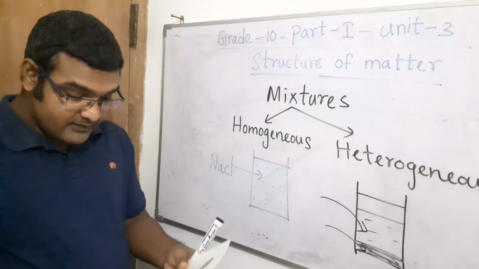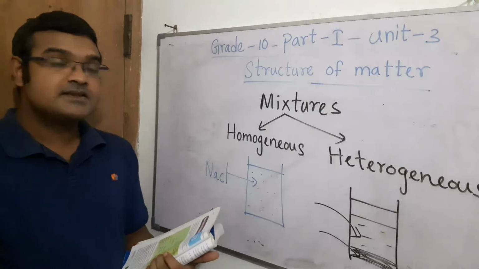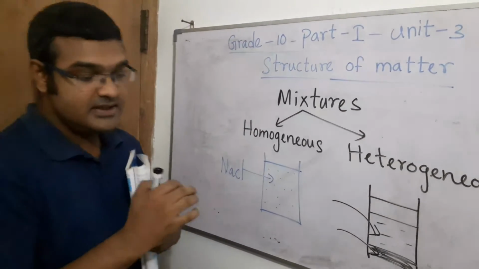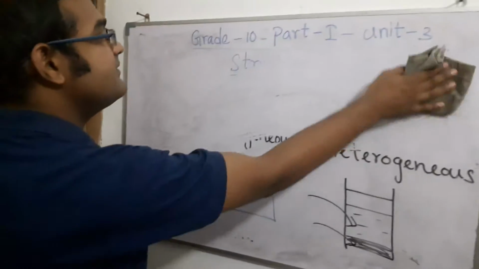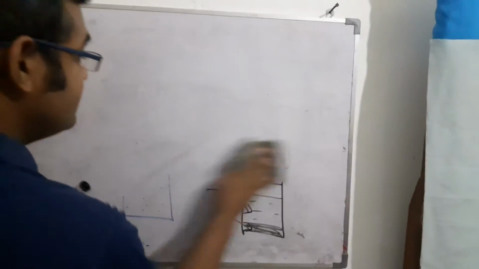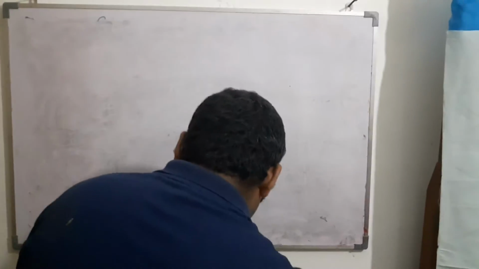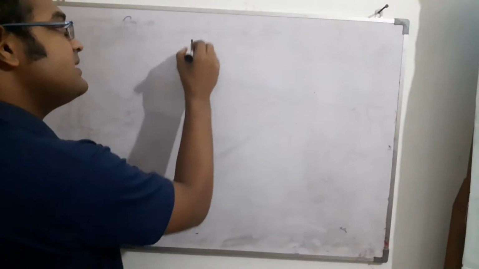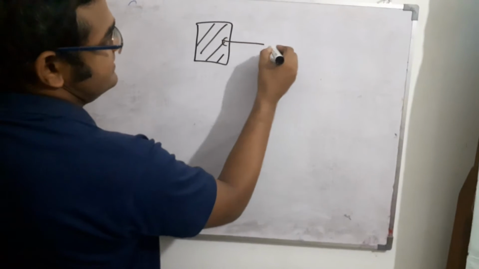Then, atoms are the building units of matter. Now you know the definition of matter as well. Matter occupies space and has mass. Any matter is made up of atoms.